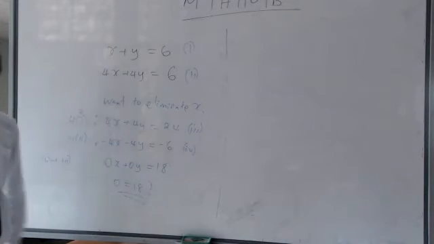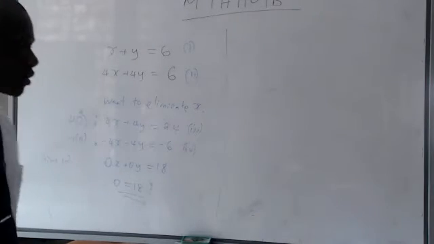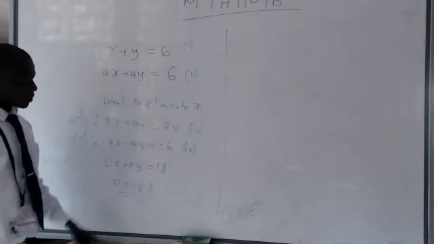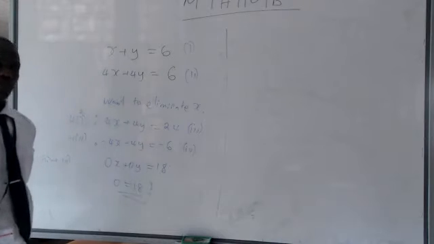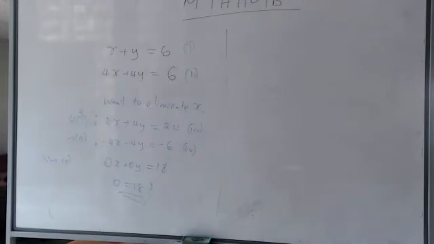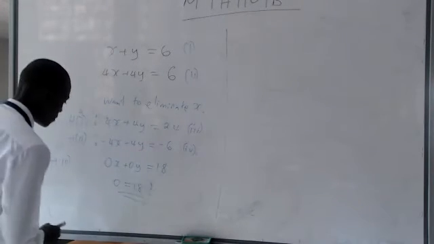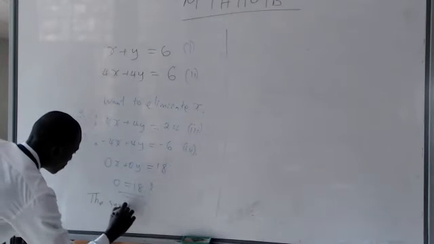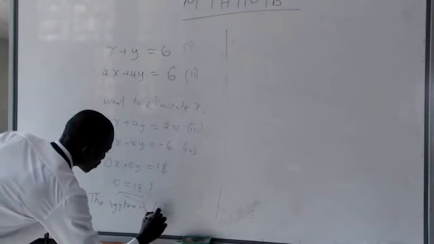It has failed, not because we have done anything wrong, but it has failed. So what does this tell us? There's no solution. This is an inconsistent system. Just say the system is inconsistent.